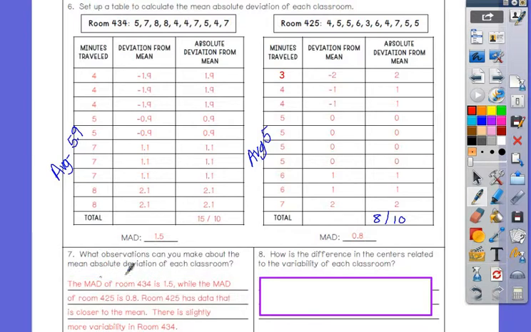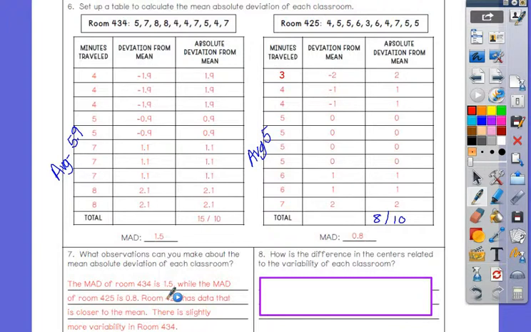Well, I know my MAD score for room 434 is 1.5. The MAD score for room 425 is 0.8. Room 425 has data that is closer to the mean because 0.8 is closer to 0. There is slightly more variability in room 434, meaning the data is off a bit more than room 425.